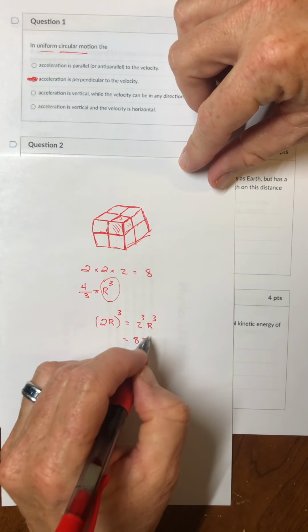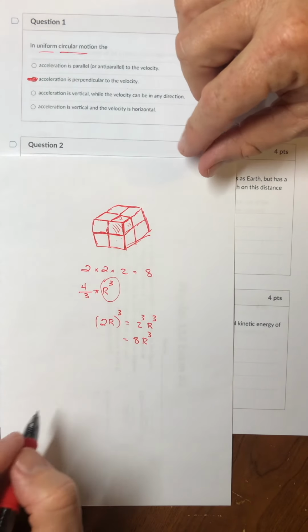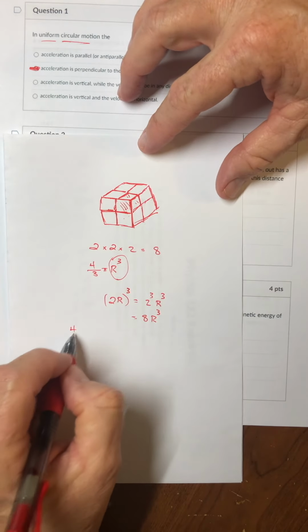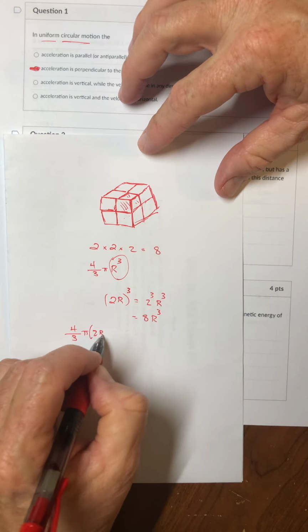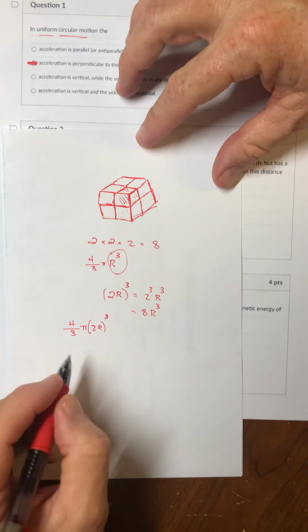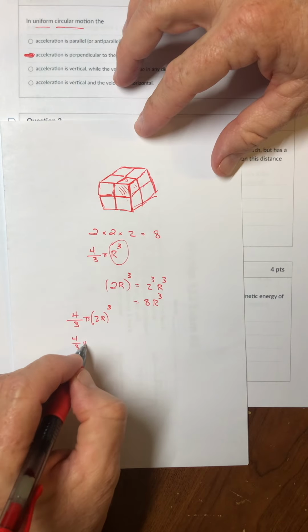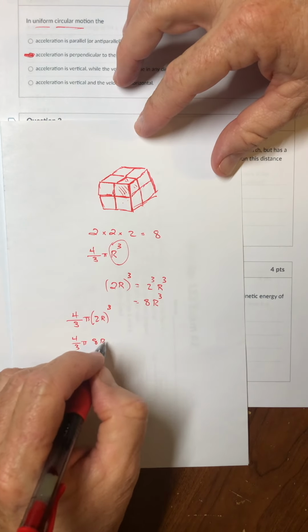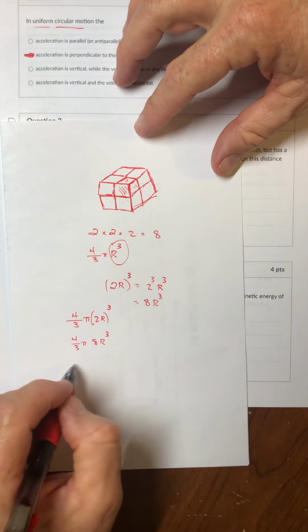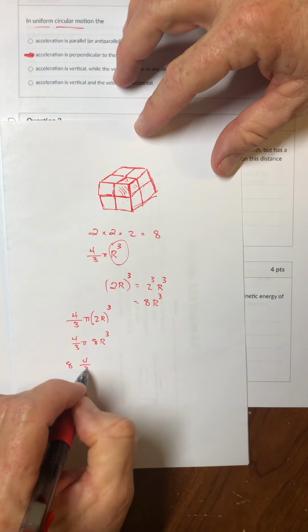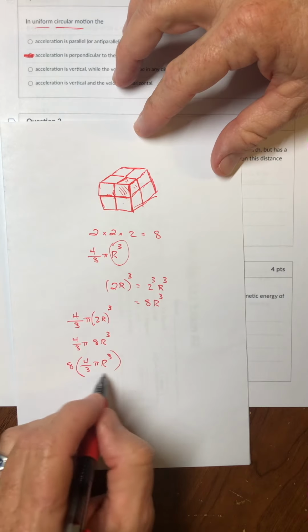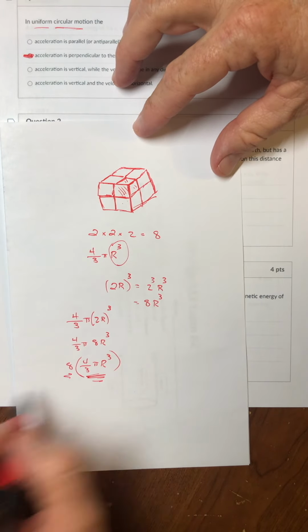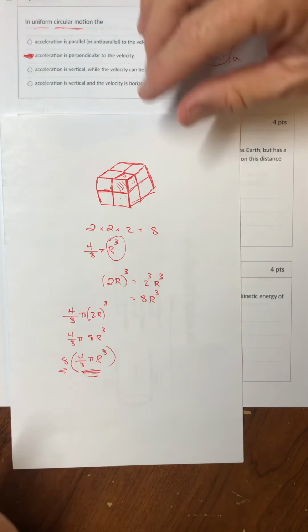So you'd get 8 radius cubed. And so when you look at the volume of something that has twice the radius, you would say that it has 8 times the original volume.